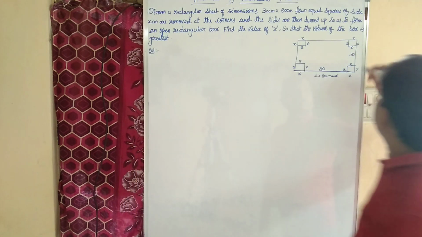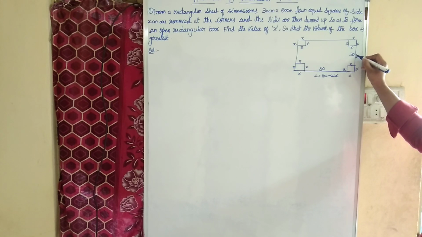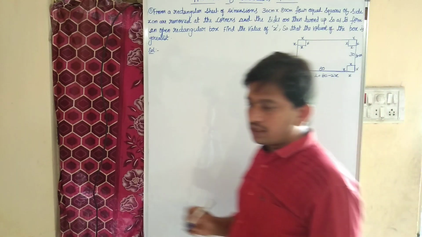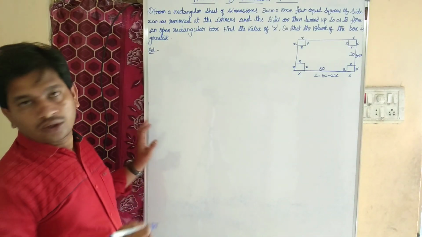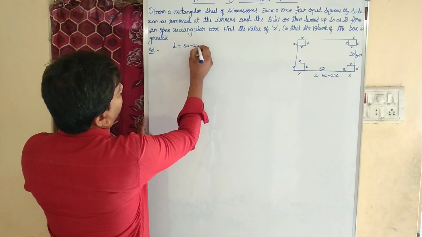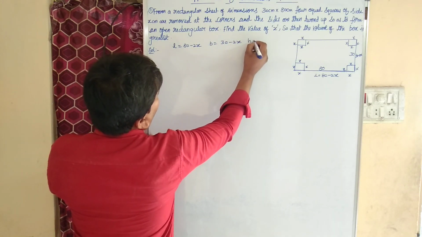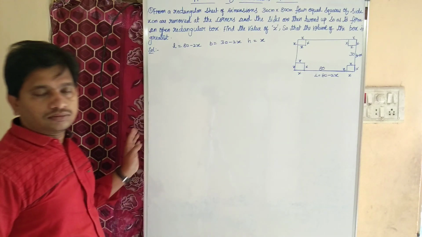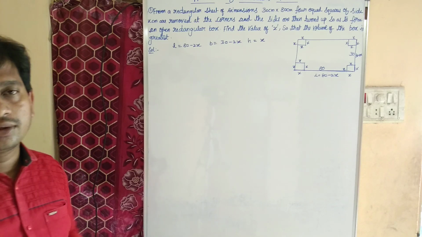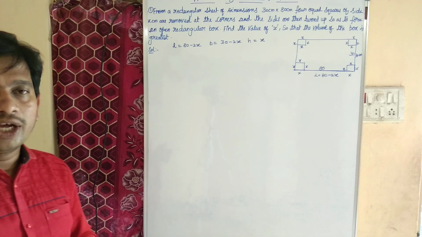Here also we are removing x centimeter, here also x centimeter, remaining will be 30 minus 2x, right? Therefore length will become 80 minus 2x, breadth will become 30 minus 2x, and height will become x. Height remains constant, that is x centimeter. Children, did you understand? When we open a rectangular box, you will get a cuboid.